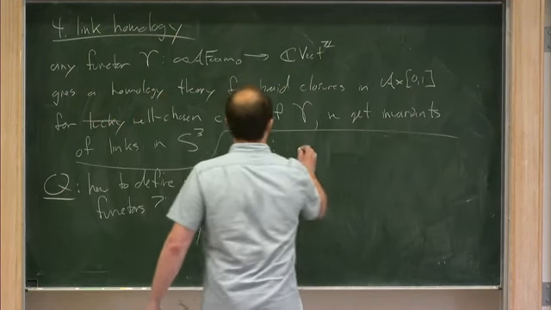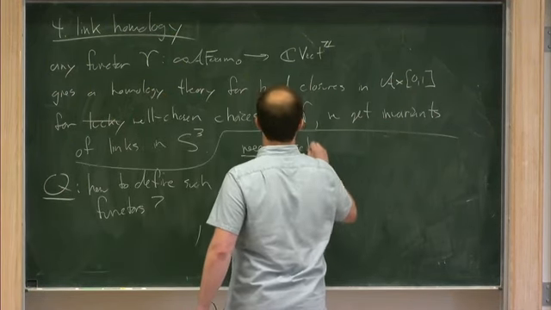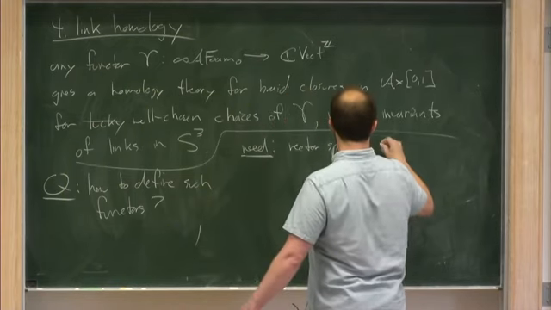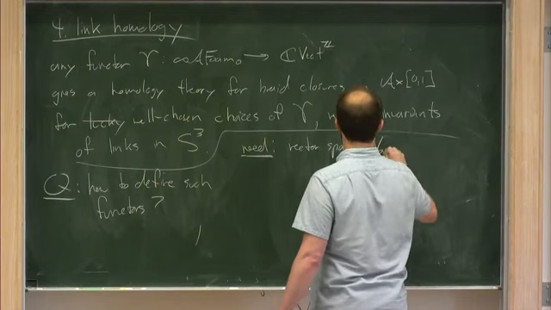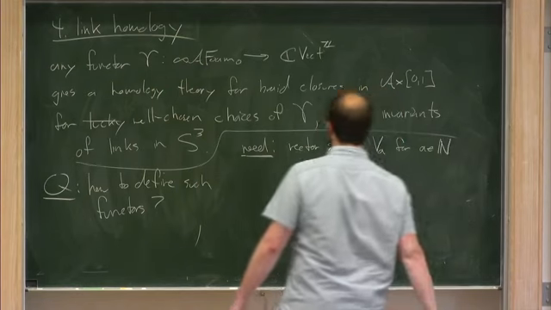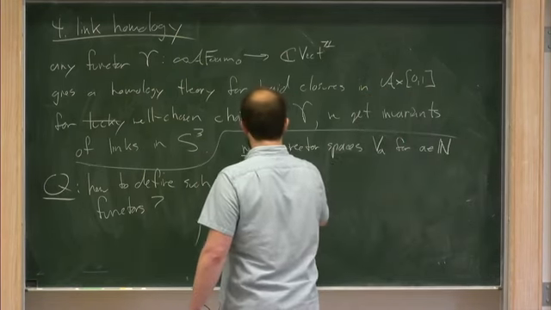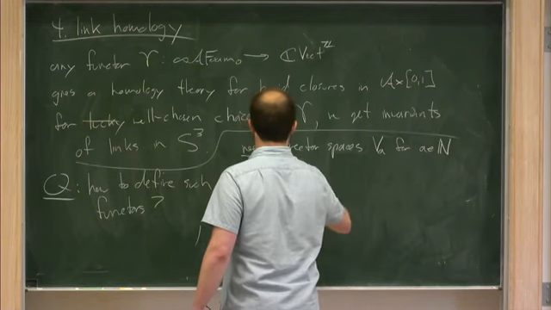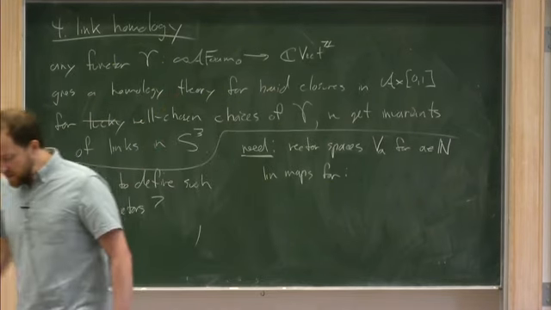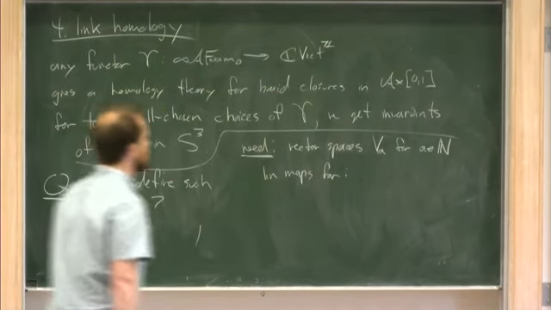So we need vector spaces, graded vector spaces V sub A. And we need linear maps. And I claim you actually just need them for the following things.